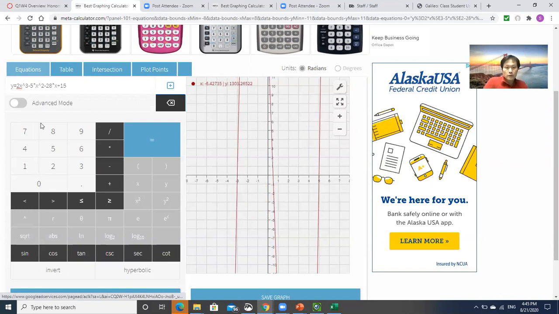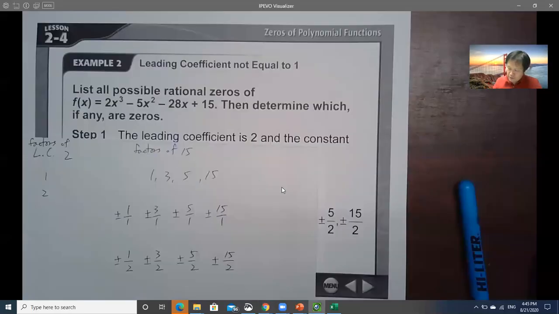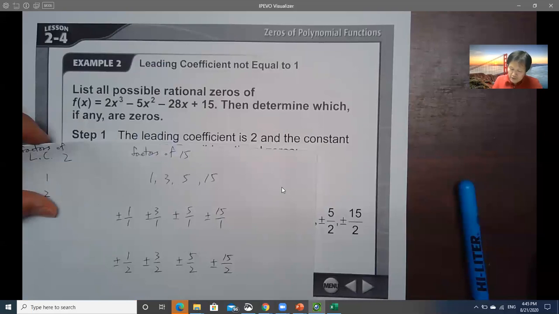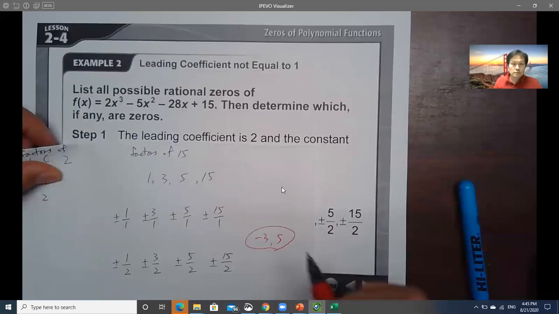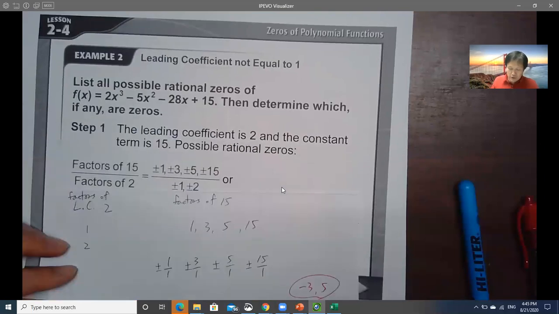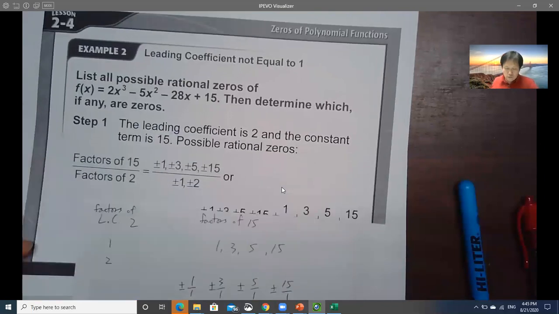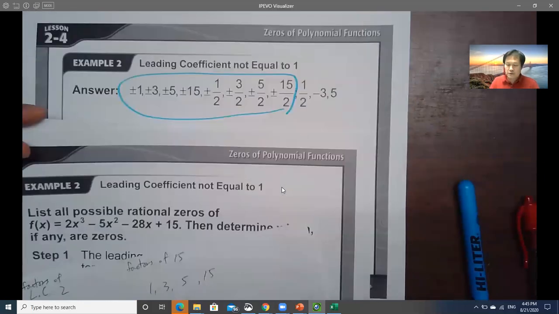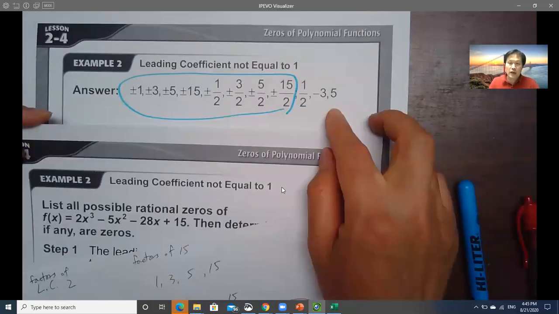Graph it. Okay, I got nice integers right here, -3 and 5. And this one is a decimal, so that's not that useful here. So I got -3 and 5 values. Okay, that's pretty important information. And you might say, well, how am I supposed to get 1/2?